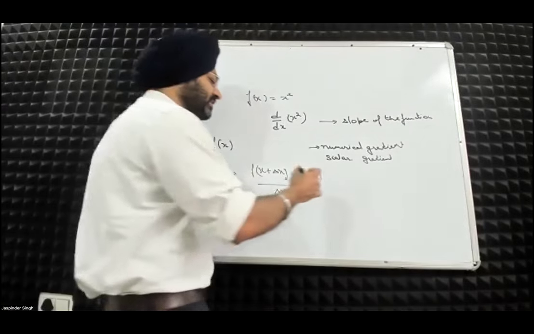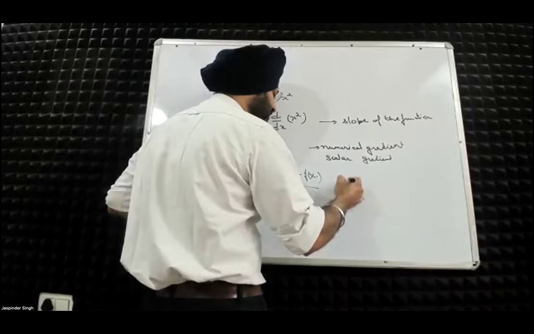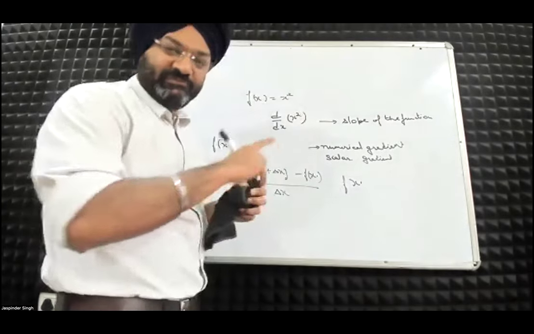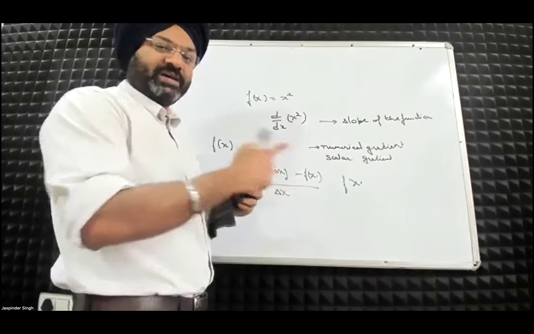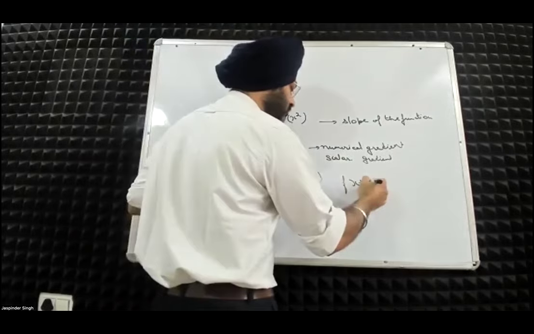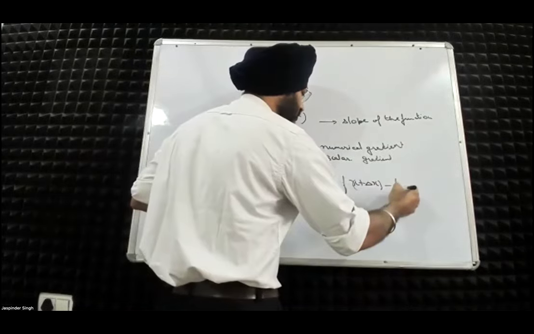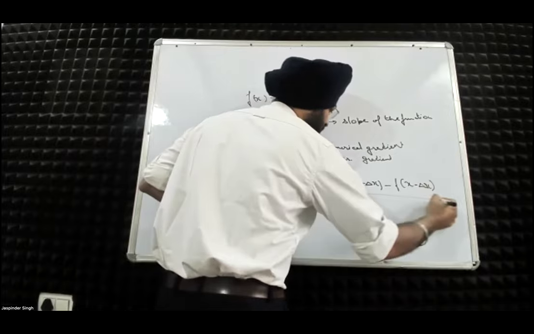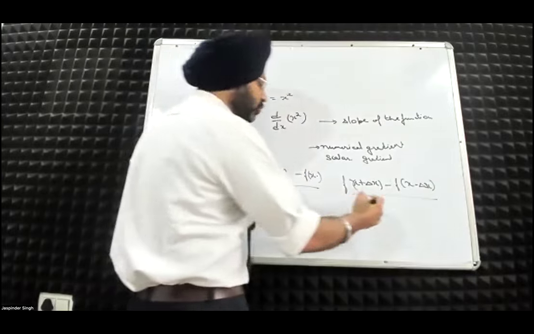The central differential is taken like this: I take one step forward and I look at one step backward. So the total units is 2 delta x.